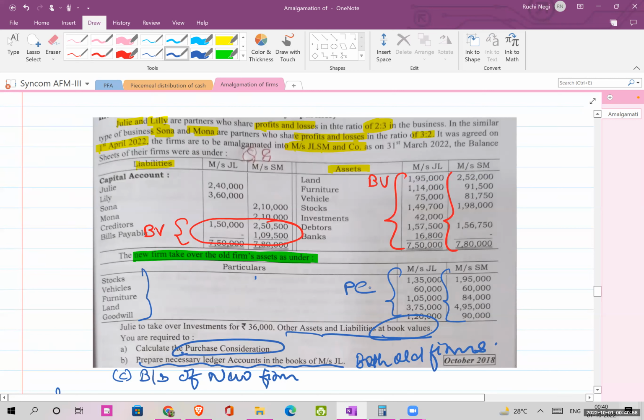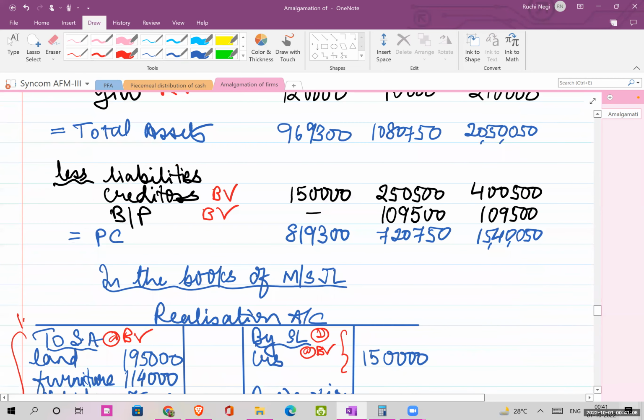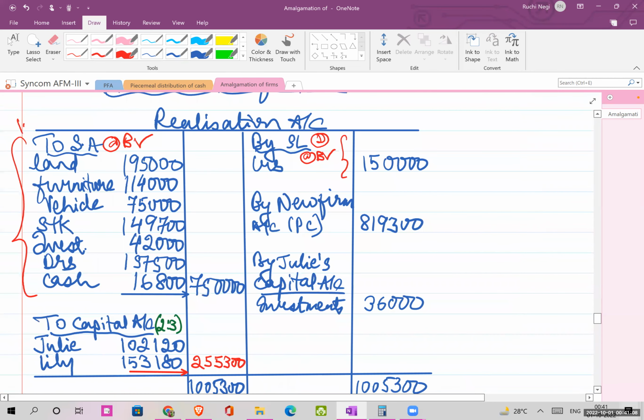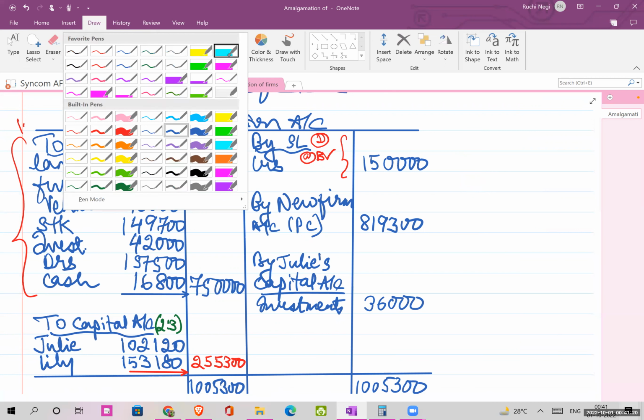So 1 and 2 are done, third is PC, then fourth is Julie to take over investments. Don't forget, there will be 4 steps. First, transfer your sundry assets. Second, transfer your sundry liabilities. Then third, I'm writing it here. No, wait, I will be highlighting it, that will be better.